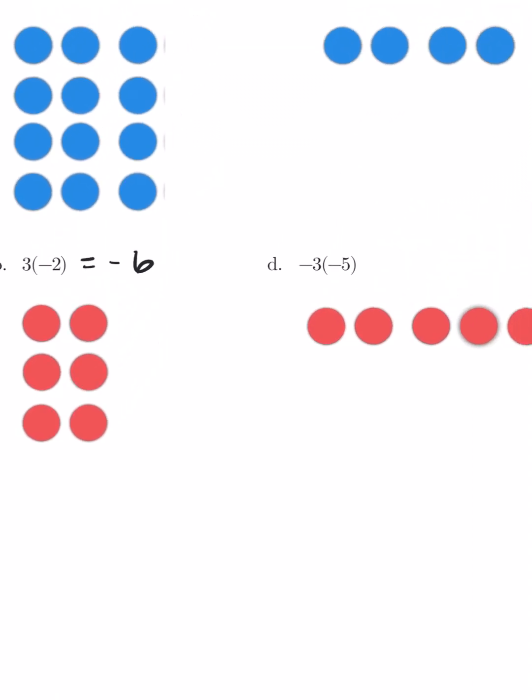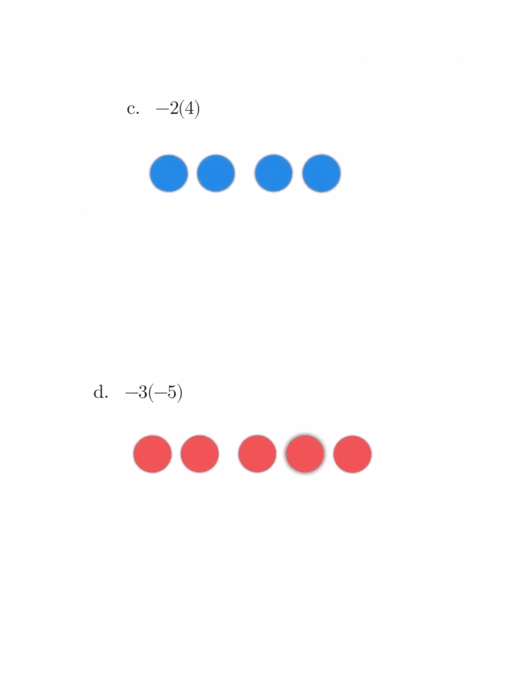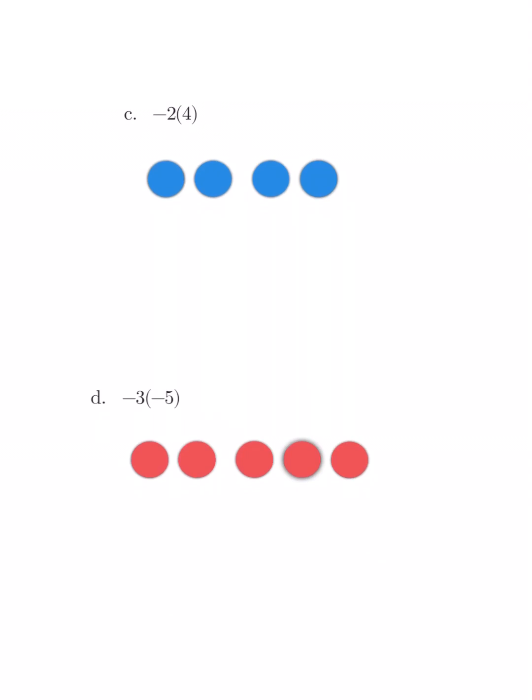All right, let's come up to example C, and we're going to move the negative on the outside now. Remember, if we have the negative on the outside, we're going to ignore it for now. We are going to create 2 sets of 4 blue. So I've got my 4 blue here, and I'm going to create another set.